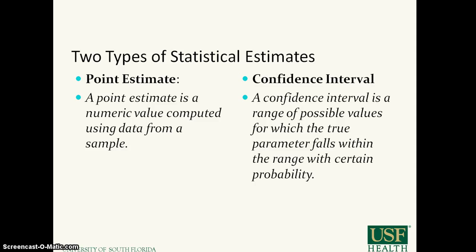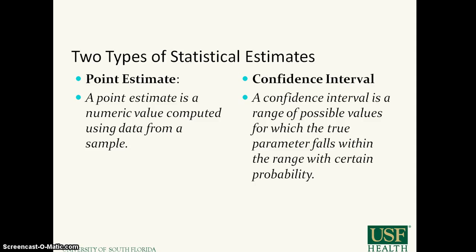Another type of estimate is called a confidence interval. A confidence interval is a range of possible values for which the true parameter falls within the range with certain probability. We call it confidence level. You should still remember the 95% confidence interval for the normal mean, right?